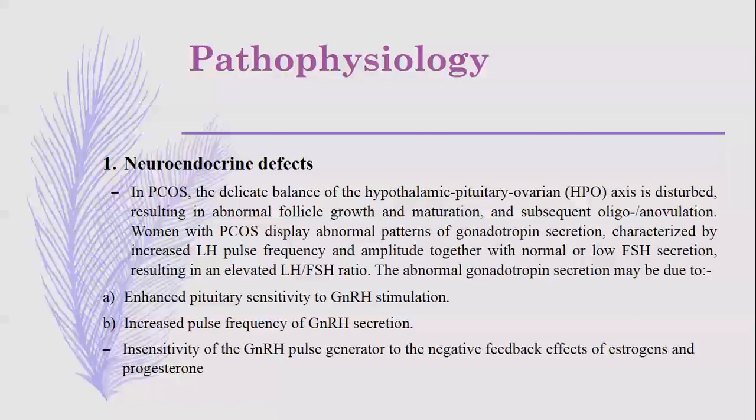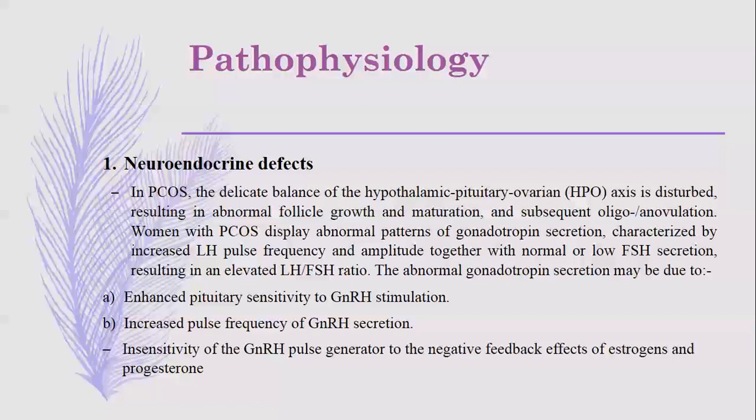Usually the LH-FSH ratio is equal to 1 or less. But in this patient, LH has a 4-fold increase over FSH. That is because there is an increase in LH pulse frequency and amplitude, while the FSH stays normal or low.